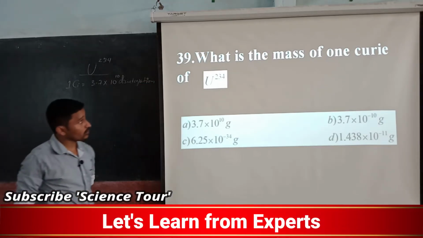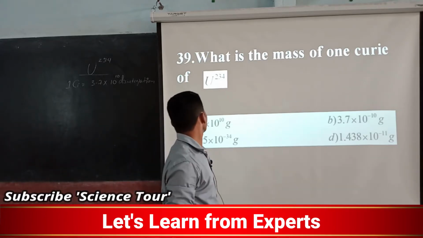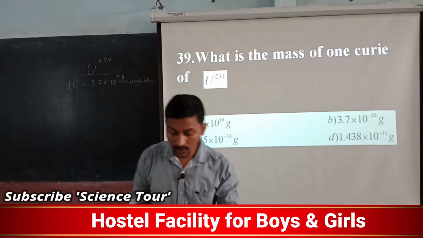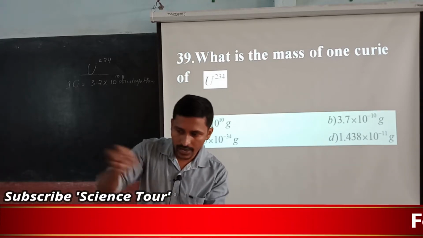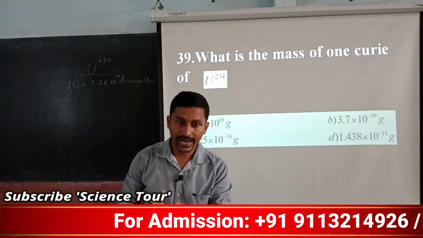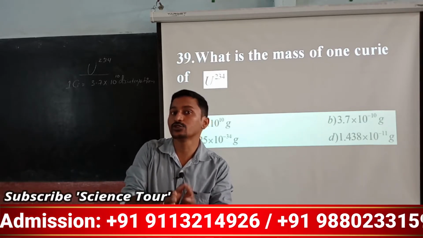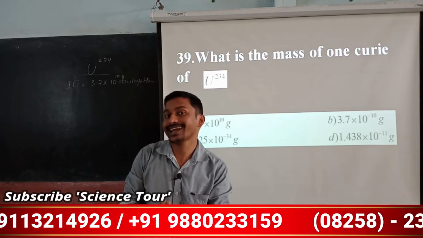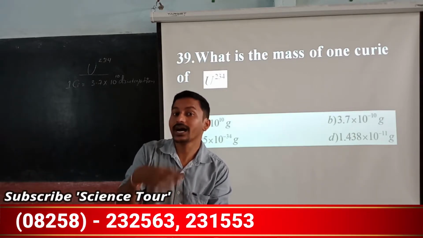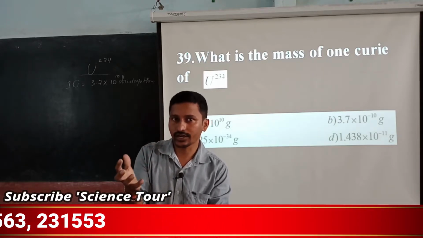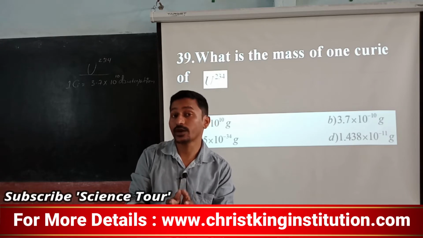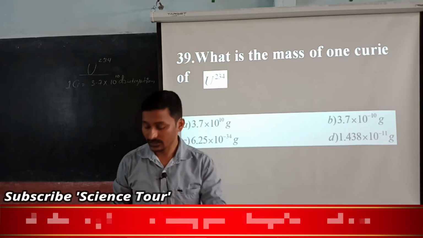Now what you have to find out is the mass of 1 curie of uranium-234. Now I have to take uranium from the main sample so that its activity becomes 1 curie. Now when it becomes 1 curie, you are going to get some mass. For that its activity becomes 1 curie. Now what is that mass? That you have to calculate.